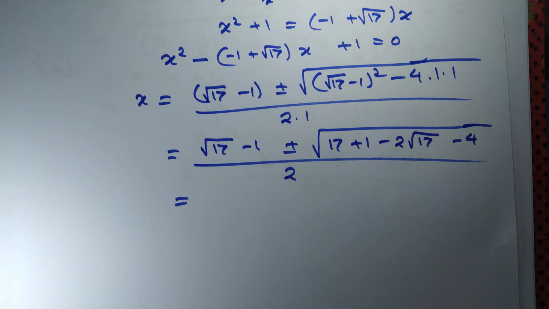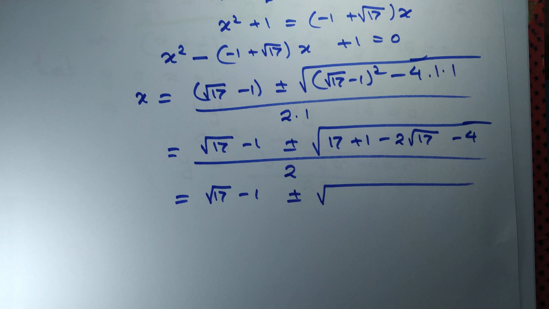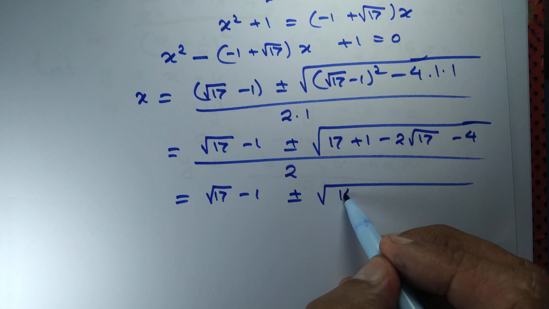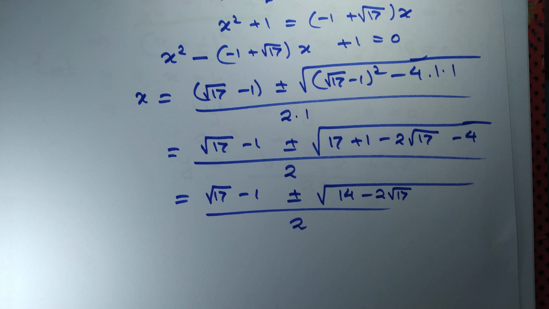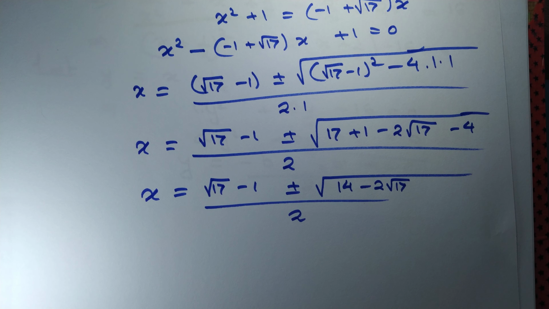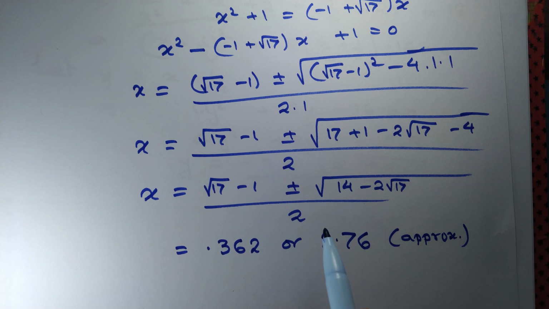That's equal to root 17 minus 1 plus minus root over 17 plus 1 is 18, 18 minus 4 is 14, so 14 minus 2 root 17, divided by 2. Therefore, we have determined the required distance. If you want, you can determine these values approximately and you will get 0.362 or 2.76.